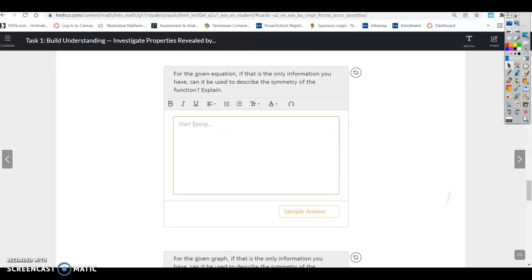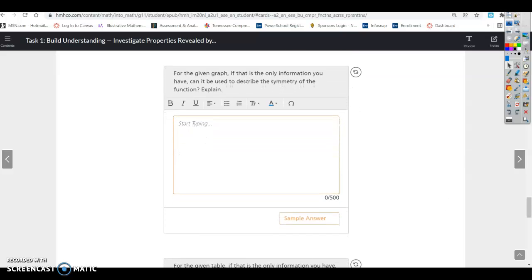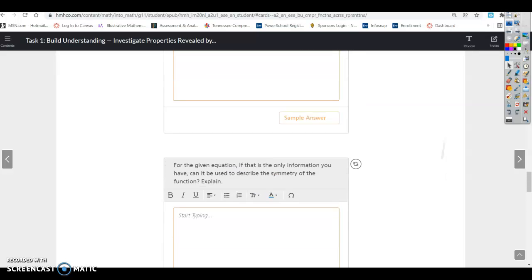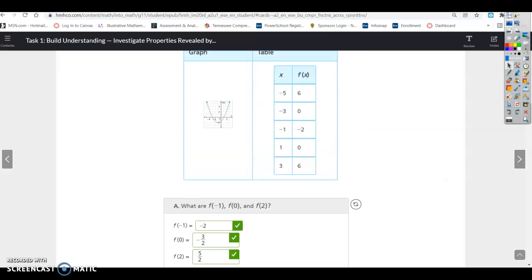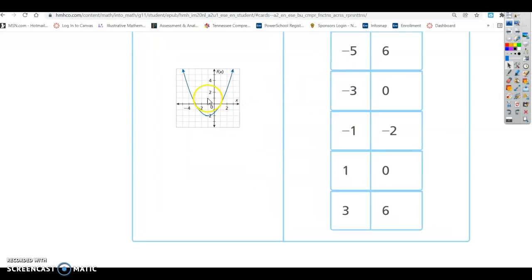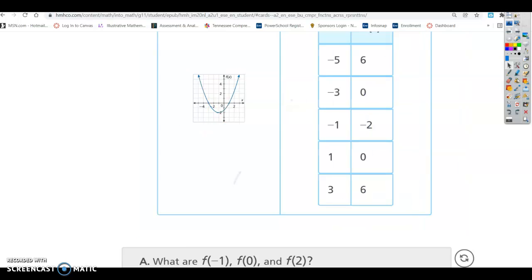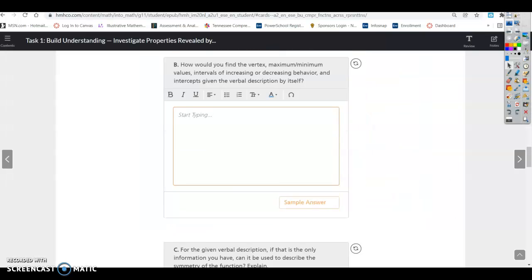Yes, even looking at the graph, you can tell where the vertex is. You can see that the vertex goes through (-1, -2). So you can locate the symmetry using the graph as well.